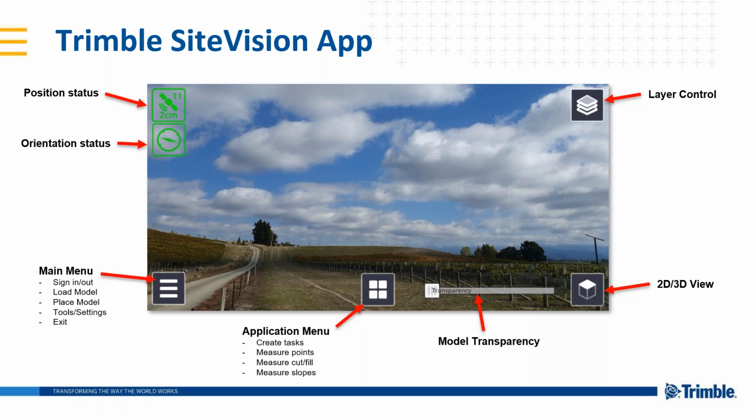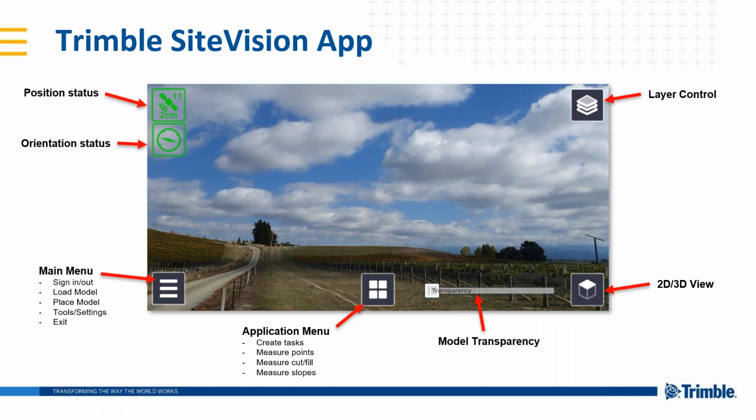If we keep going clockwise, the cube there allows you to toggle between a 2D view and a 3D view. The 3D view is what we see right now, which is the live video stream. The 2D view is going to give you a top-down map which shows your location relative to your model or the data set that you've got loaded.